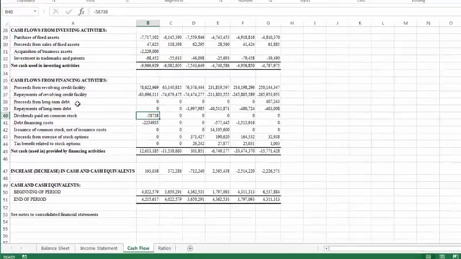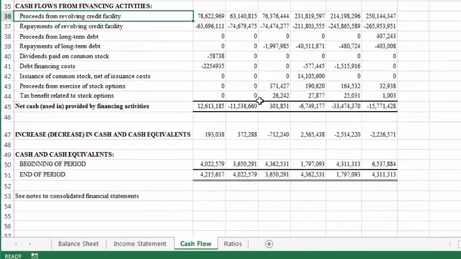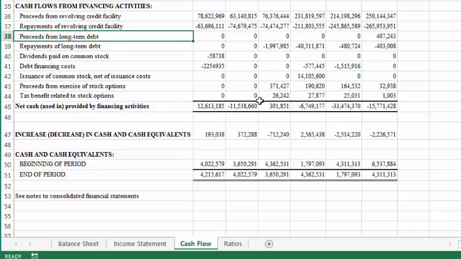This is Rocky Brands, and this is their financing activities. They have proceeds from revolving credit facility, repayments of revolving credit facility, proceeds from long-term debt, repayments of long-term debt. So far we're just talking debt. Dividends paid to common stock, which they never have done until just this most recent year.